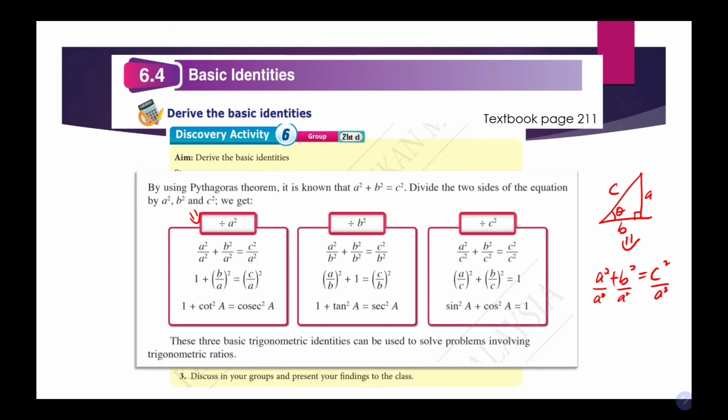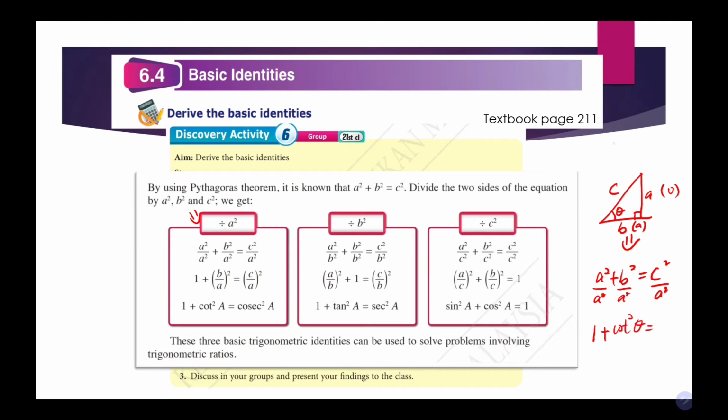a square divided by a square, we get 1. Then we have b over a square. B is the adjacent, a is the opposite. So adjacent over opposite, we have cotangent square of theta.